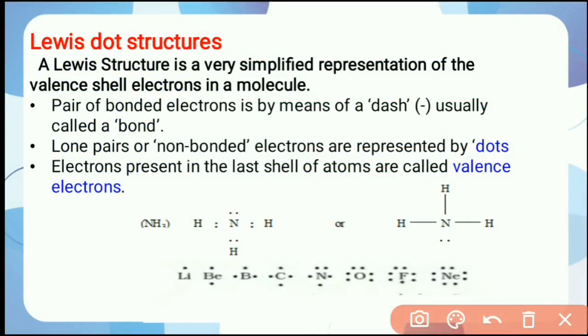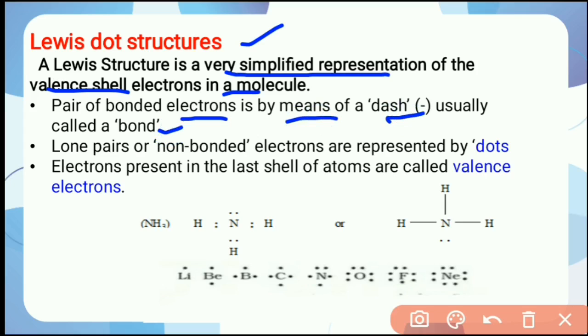Lewis dot structures. A Lewis structure is a very simplified representation of valence shell electrons in a molecule. Usually a pair of bonded electrons is represented by a dash, usually called a bond.